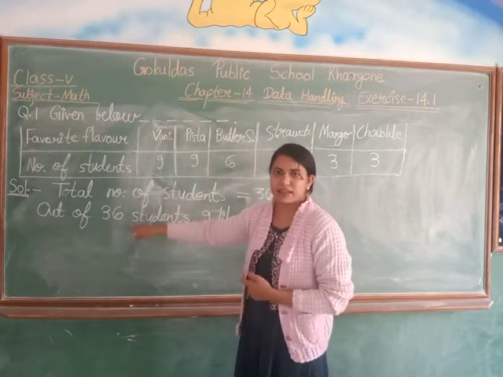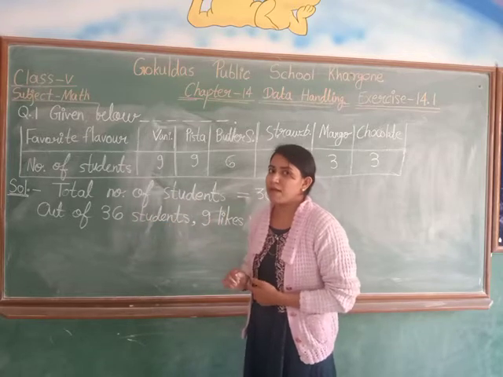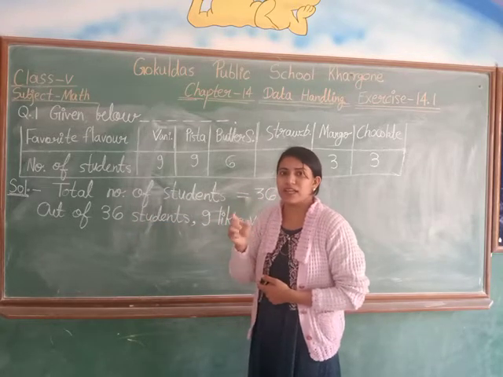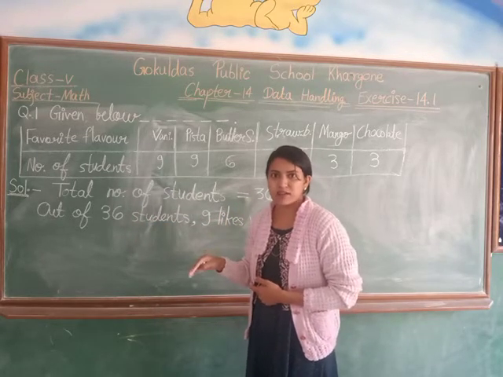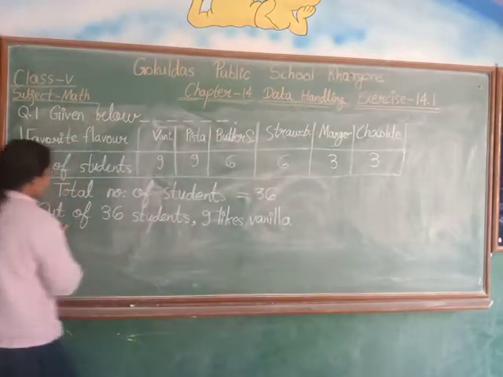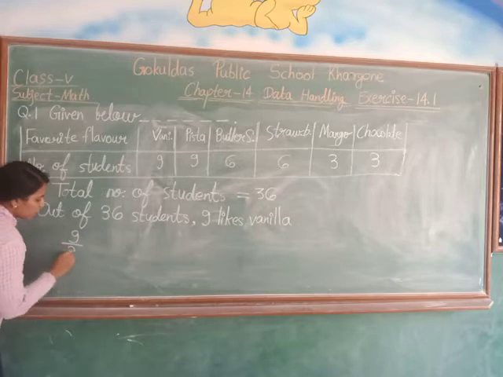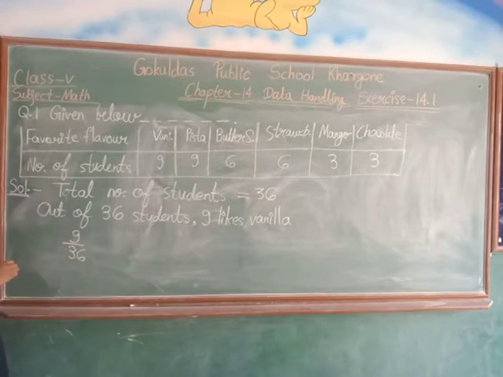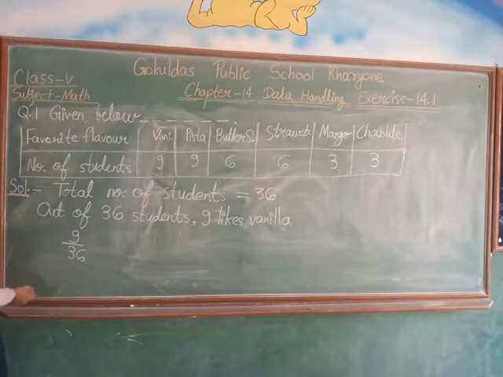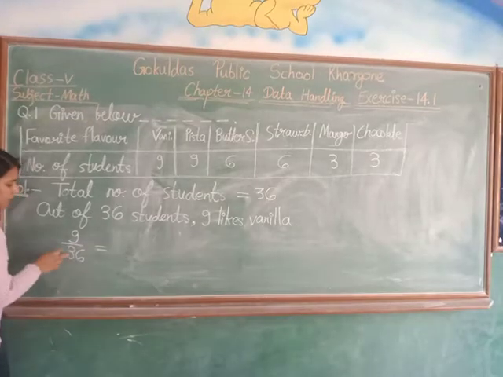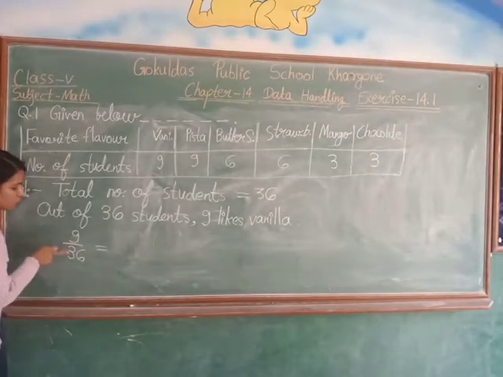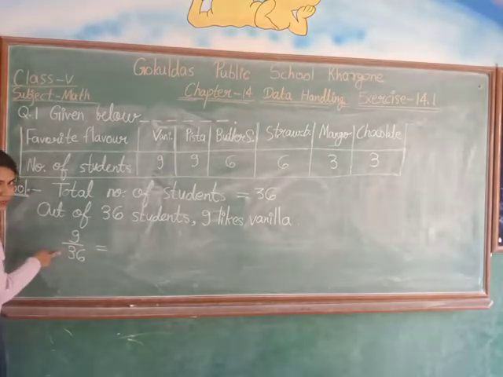Do you remember we always write the total in the denominator? So we can represent it as 9 upon 36. As 36 is the total, I write 36 in the denominator's place.